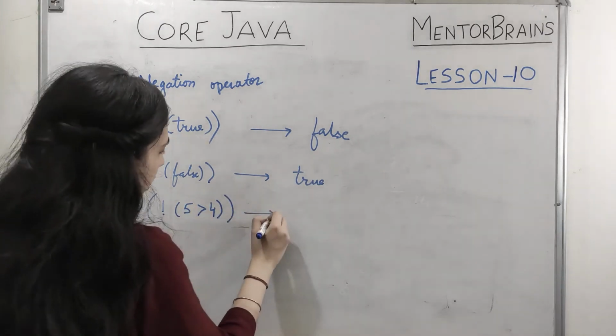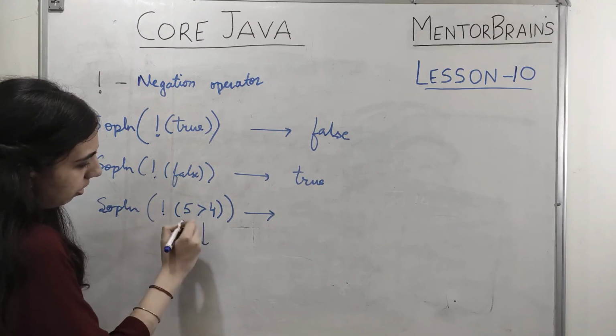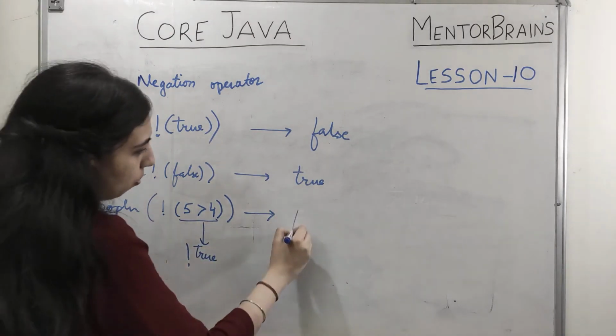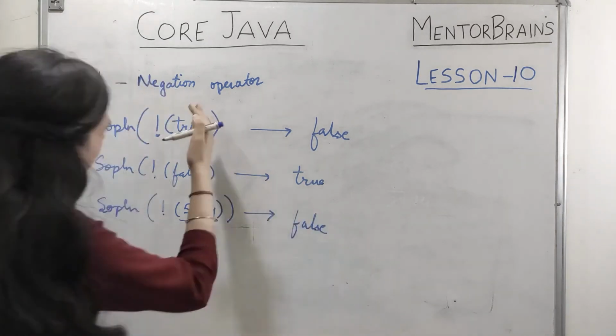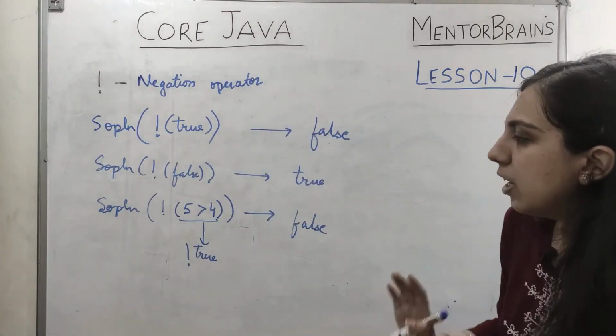Okay, so what will be the result? Now 5 is greater than 4 is obviously true, so the negation of true is false, so output will be false. So it is very simple that whatever you are writing, it is inverting that and giving you the output.